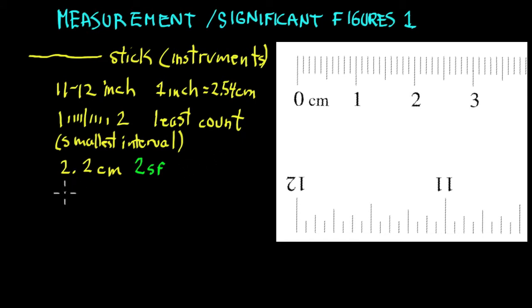But if we read 2 and looked over to the second interval, 2.2, and we estimated the space in between, now this is the space in between one of these intervals, there's no line there, and we could say it's 2.25 centimeters. Now we are actually still doing something that's very important, because we're estimating, plus or minus 0.01.